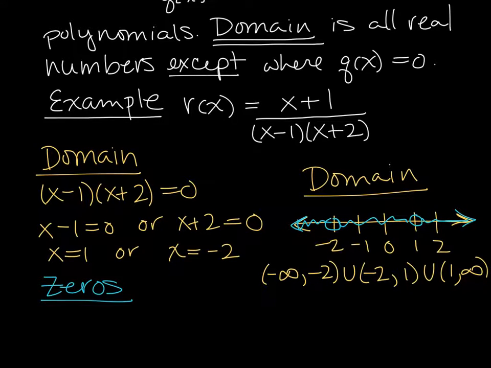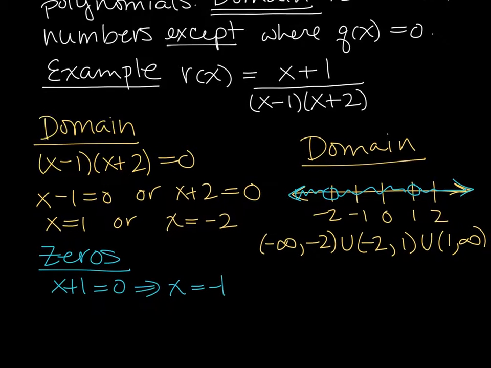In a rational function, the zeros occur whenever the numerator is equal to 0. So wherever p of x equals 0. So we have x plus 1 equals 0, which means x equals negative 1 is a 0 of this function.